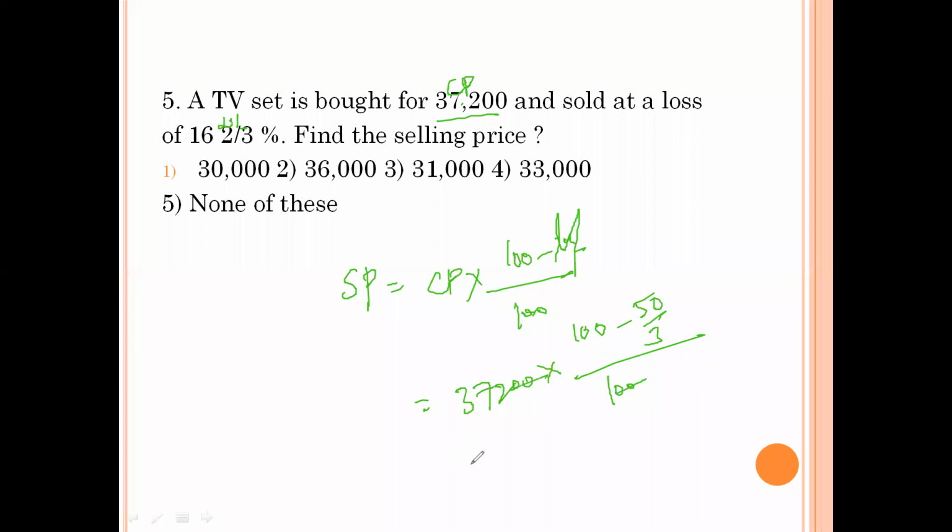Two zeros get cancelled. 372 into 250 by 3. Multiplying gives 31,000. So the selling price of this TV is 31,000. Option number 3 is the right answer.